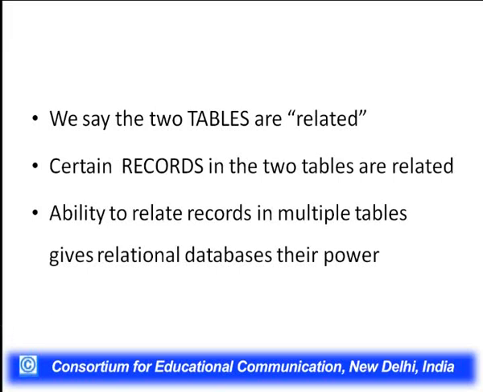So, we have the ability to relate records in multiple tables and this ability gives the relational databases its power, because you can fetch data from more than one table at any given point of time. You can combine the data from the different tables and you can get a report or you can get your results from the cumulative database.